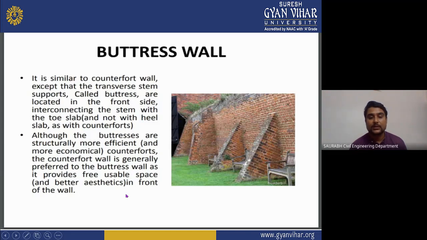wall as it provides free, usable space in front of the wall. As you can see, this is an image of a buttress wall, which can also prevent the soil which intends to come on this side.